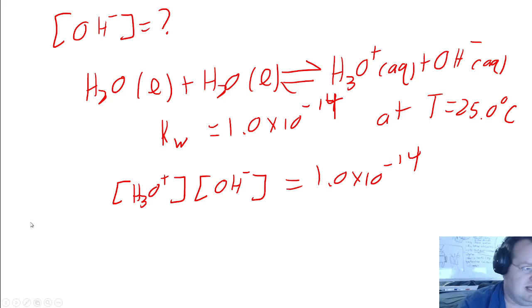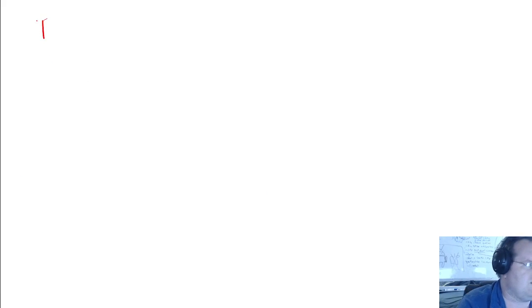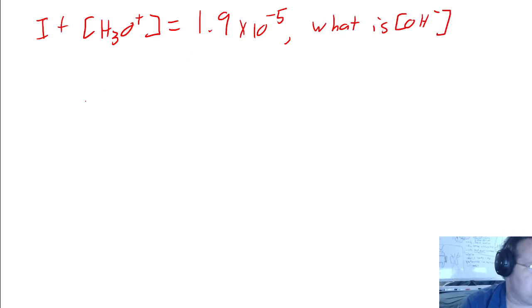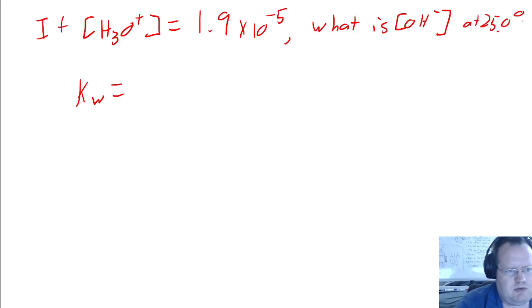So let's take an example with that. If our hydronium ion concentration is equal to 1.9 times 10 to the negative fifth, what is OH-? Anytime you know one, you can find the other by connecting them via Kw. In this class, if the problem doesn't tell you otherwise, assume we're at 25 degrees Celsius.